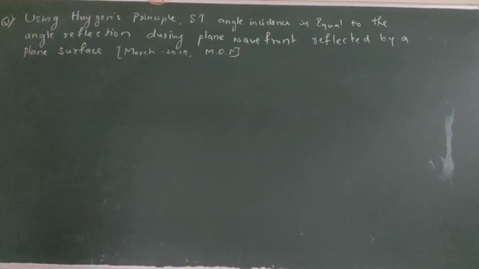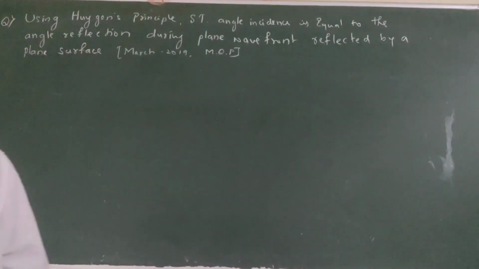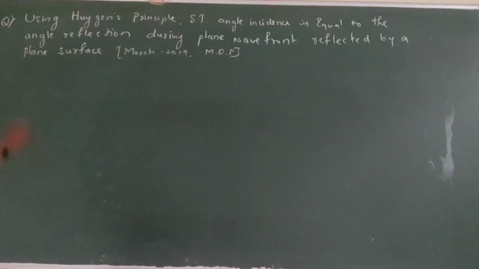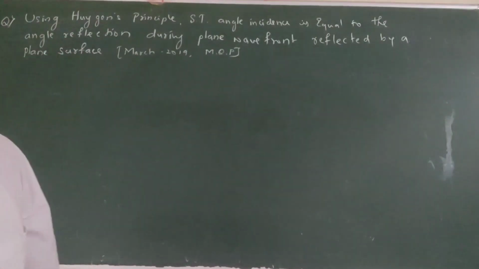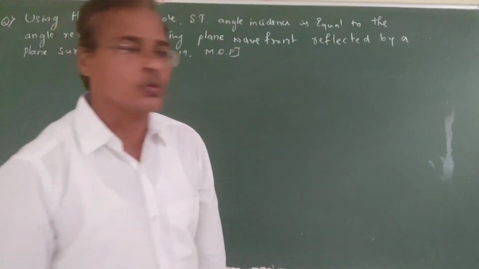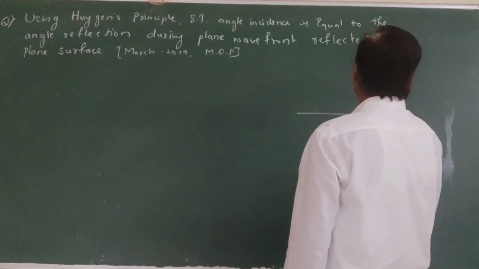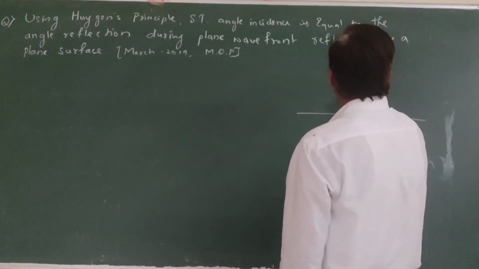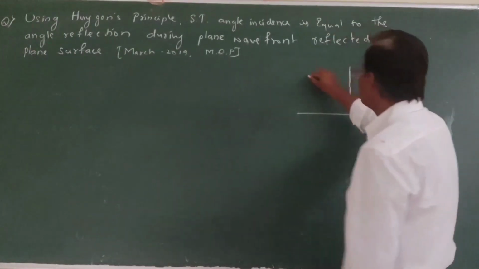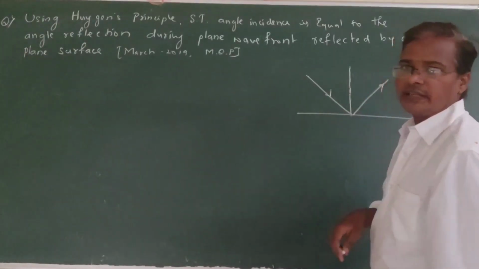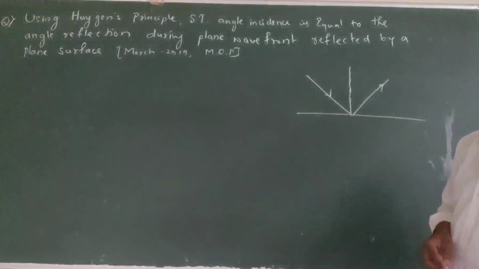This question appeared in the model question paper. As we know, what is reflection? Reflection means when an incident ray falls onto the surface, it gets back to the same medium. That is the phenomenon of reflection.